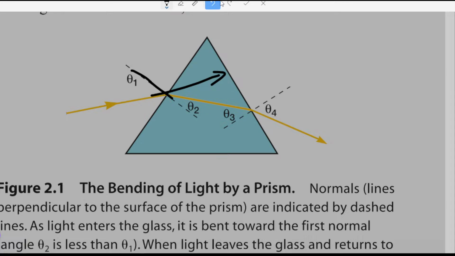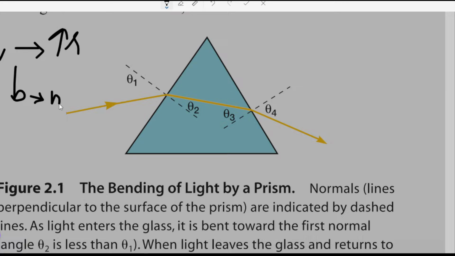If this medium is denser and this is lighter, right? If it goes from the lower refractive index medium into the higher one, let's make notes. Lower into the higher refractive index, bend towards the normal, right?